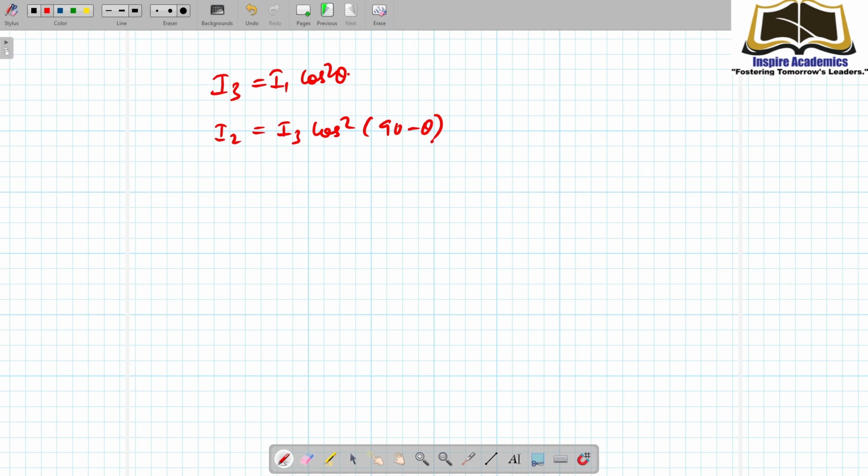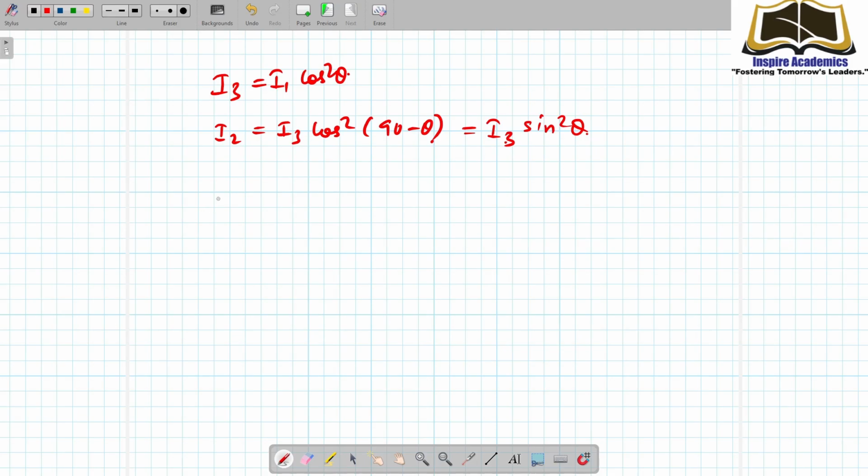Okay, so it becomes I3, and cos 90 minus theta becomes sin square theta. So are you clear why I wrote 90 minus theta? Because the position was this, and then you are rotating with it from this position.